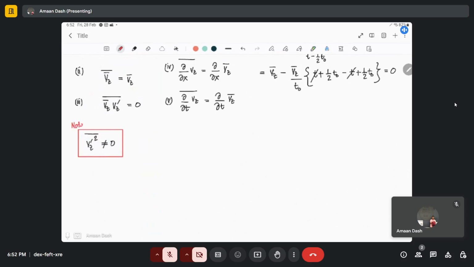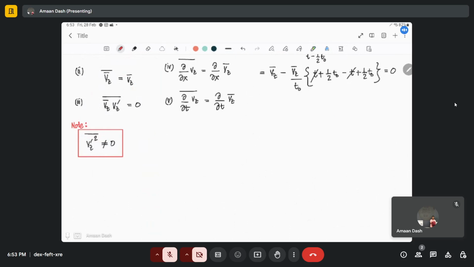This is something to note, and you can check it by yourself also.